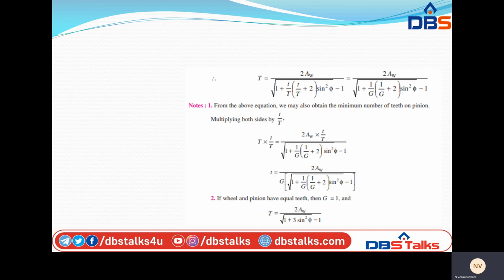So capital T by small t is the gear ratio, but small t by capital T means reverse of gear ratio. So what is the formula? 2AW by square root of 1 plus 1 by G into 1 by G plus 2 into sin square phi minus 1. Okay.